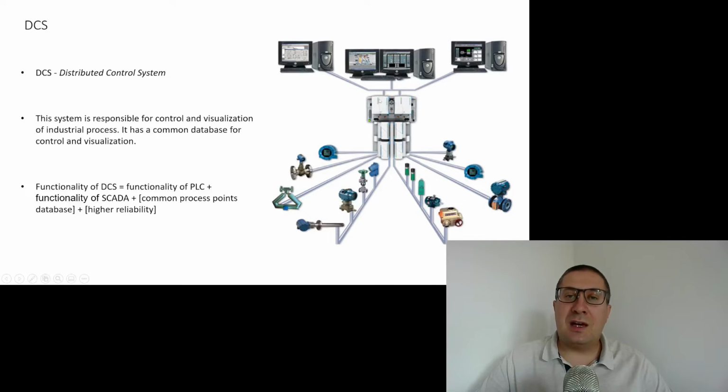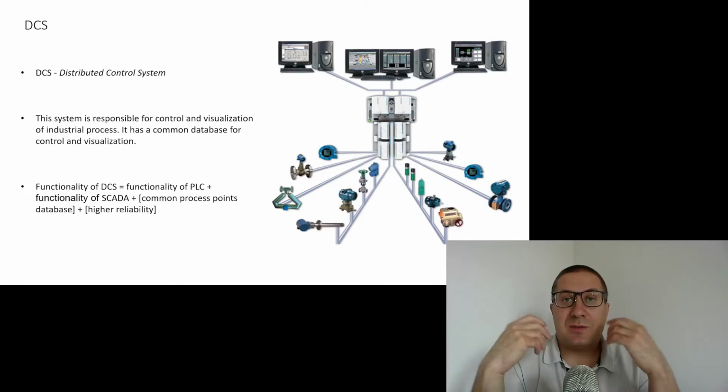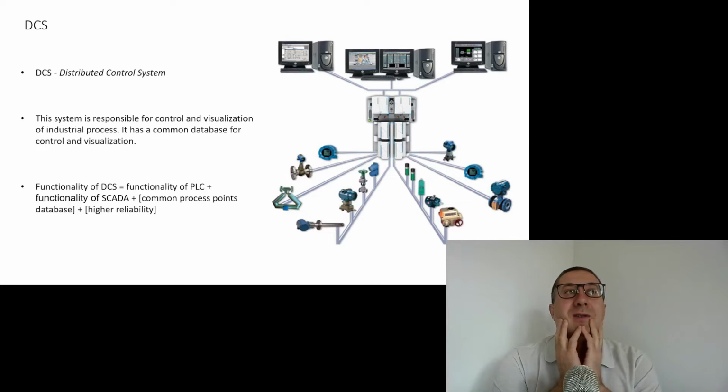It will have the same name in the control algorithm, in the visualizations, in the operator graphics, in the historical data server. So it helps to manage such a large scale process. Sometimes it's up to several hundreds or even millions of process points, or tags, process variables, depending on how you call it.